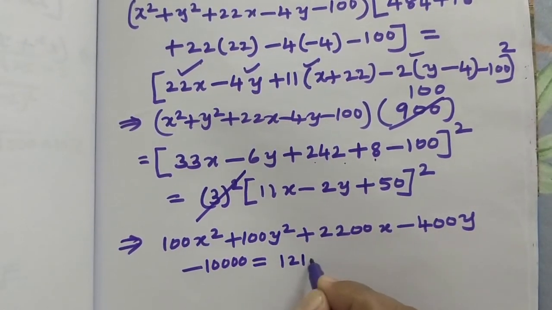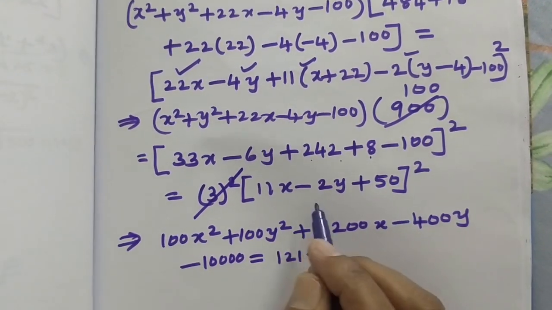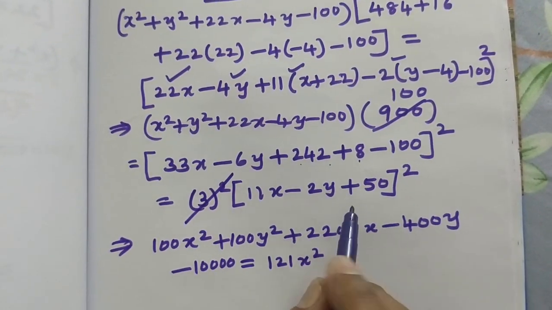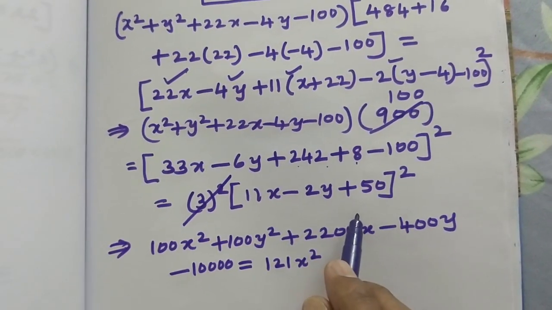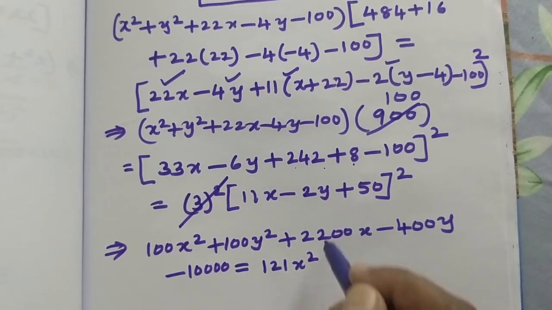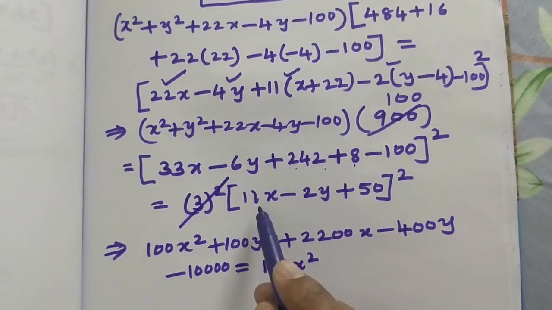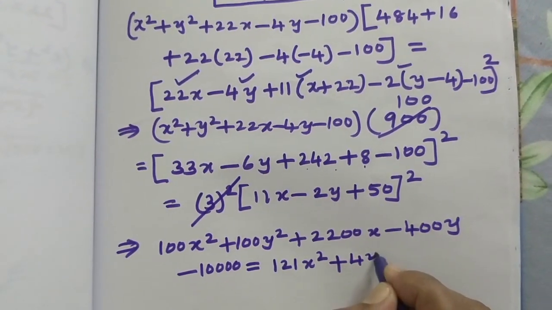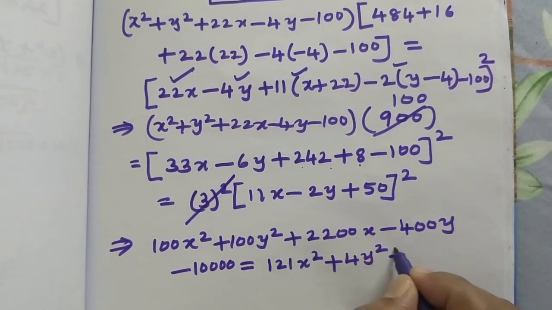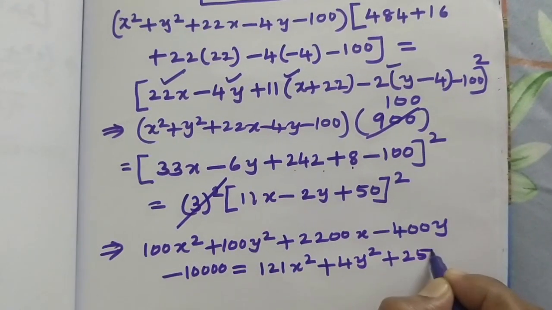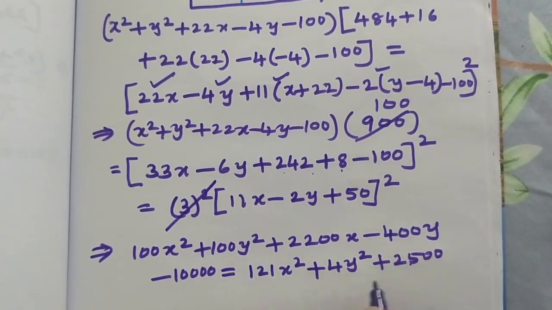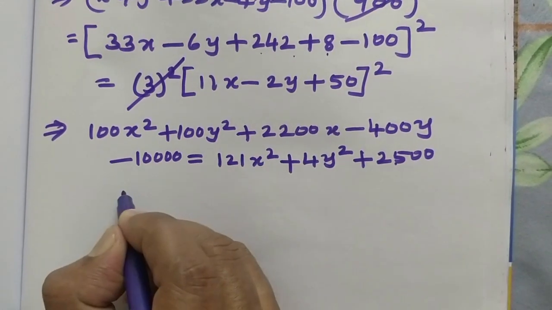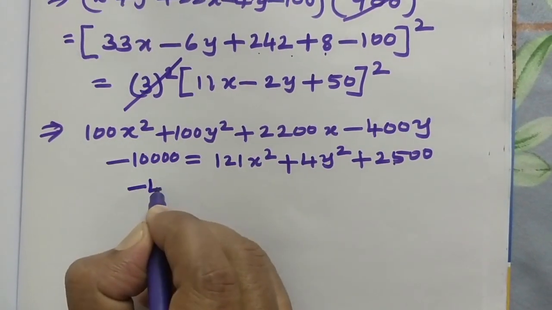You know that a plus b plus c whole square is a square plus b square plus c square plus 2ab plus 2bc plus 2ca. Apply that formula. First a square is 121x square plus b square means 2 2s are 4y square plus c square is 5 5s are 25 zeros to 2500. 11 2s are 22, 22 2s are 44xy.